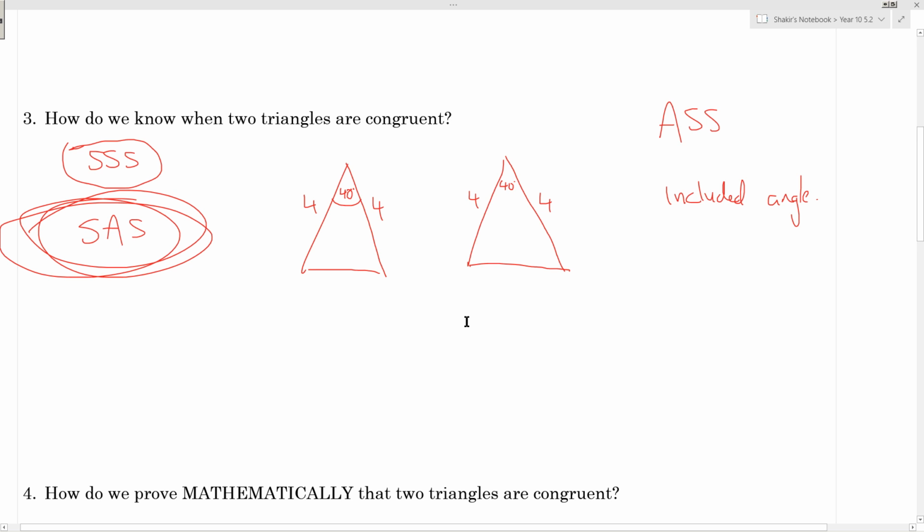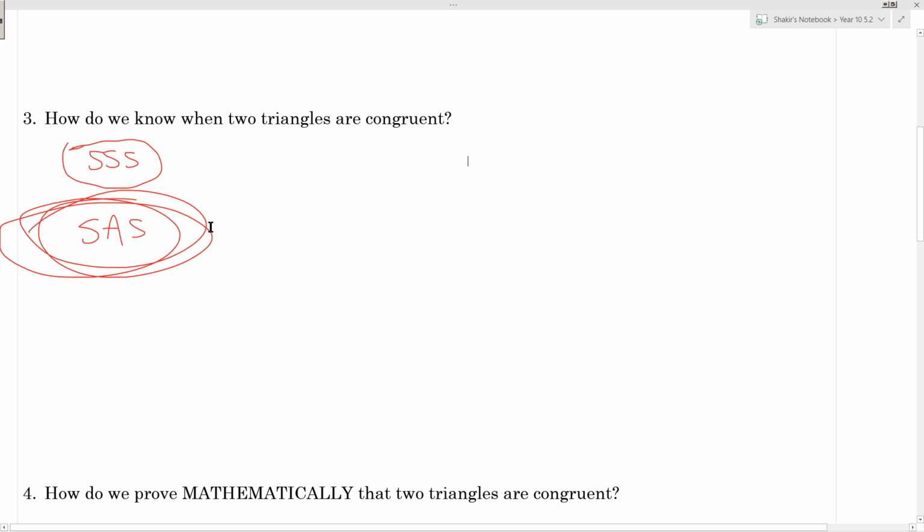Okay, the third proof that we're going to cover is called angle side. An angle side just says, well, any 2 angles, absolutely any 2 angles, and the corresponding side.